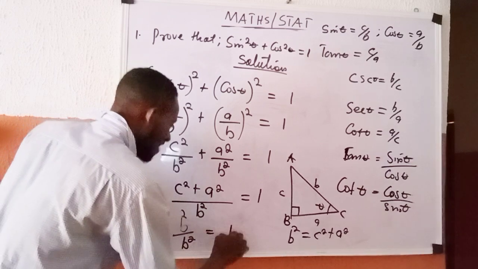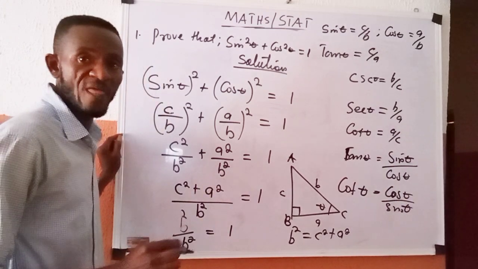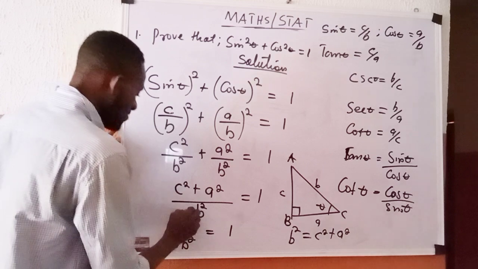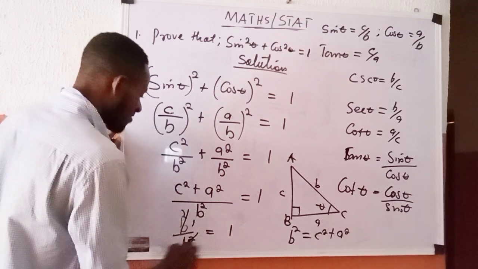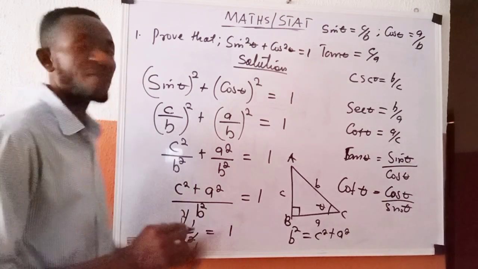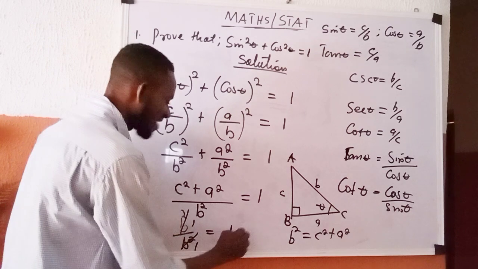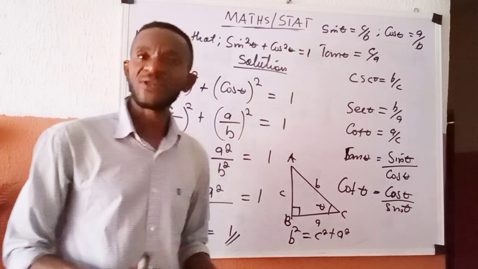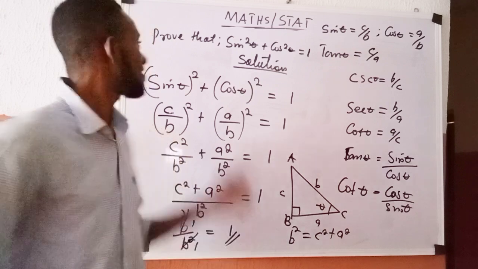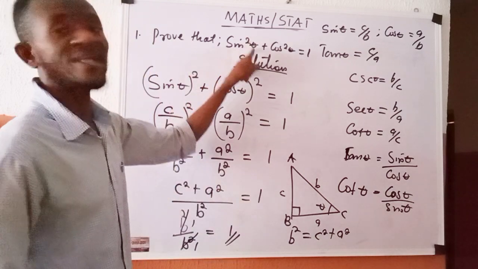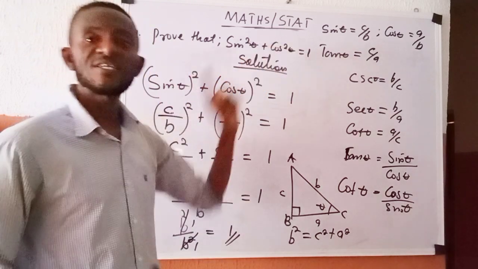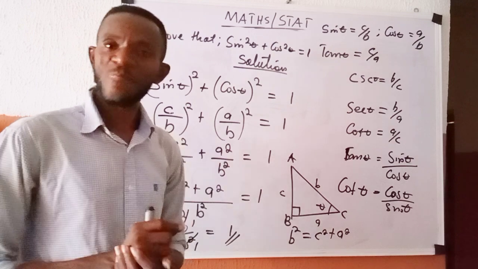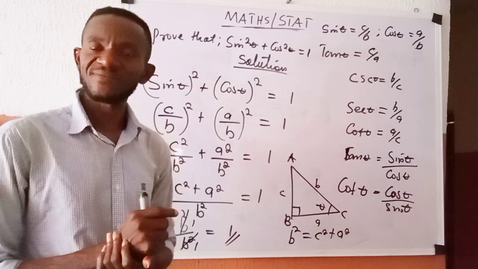I was asked to show that this is equal to 1. And of course, when you cancel B squared, it is 1, you cancel B squared, it is 1. And 1 divided by 1 is 1. And by that, you have proven the first identity of Pythagoras that says sine square theta plus cos square theta is equal to 1. We have established that one.